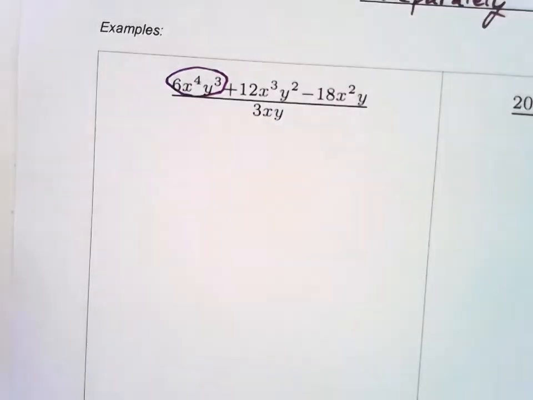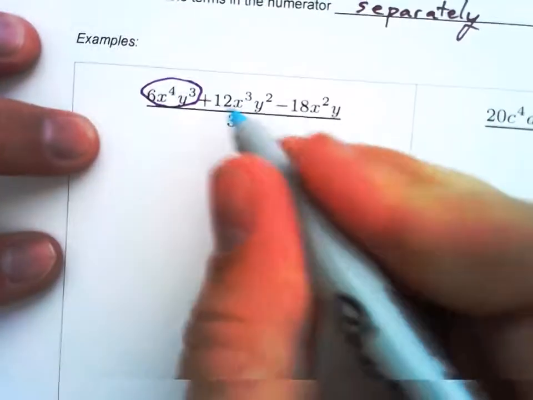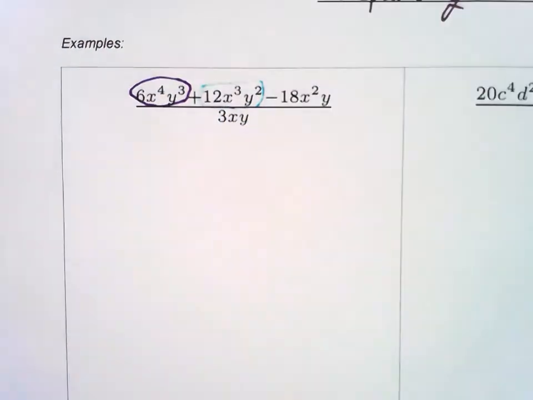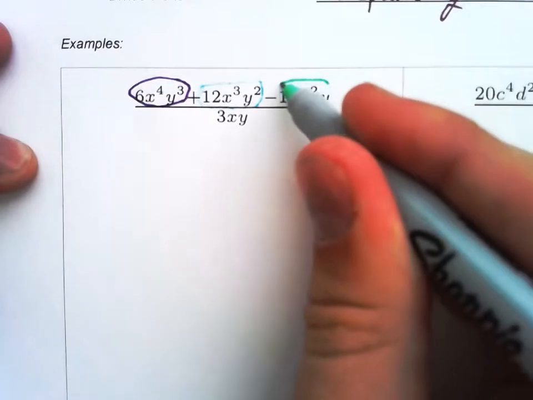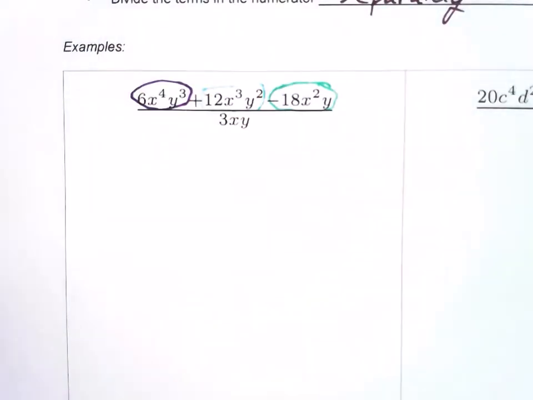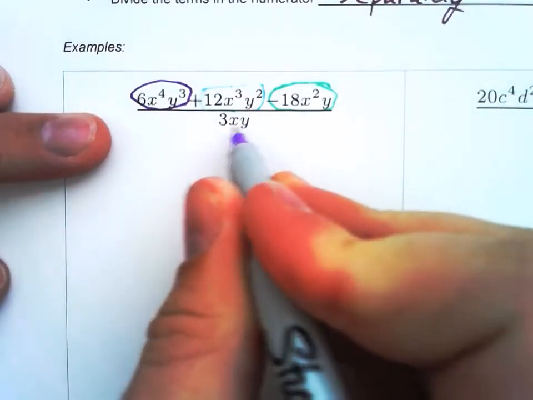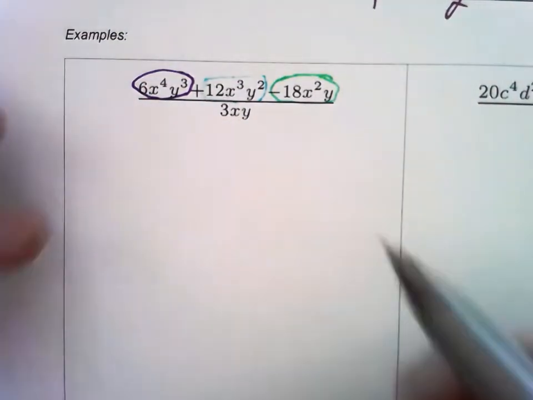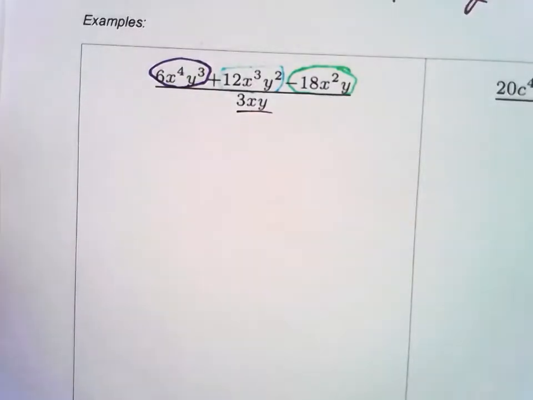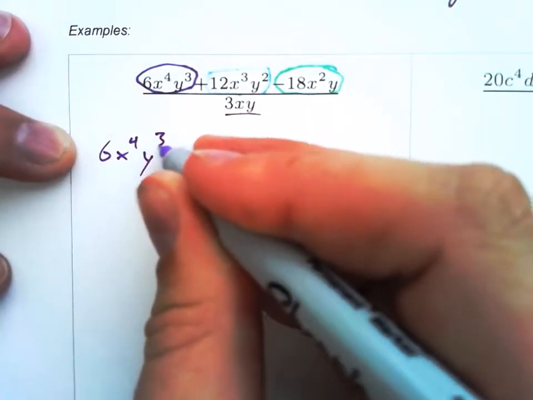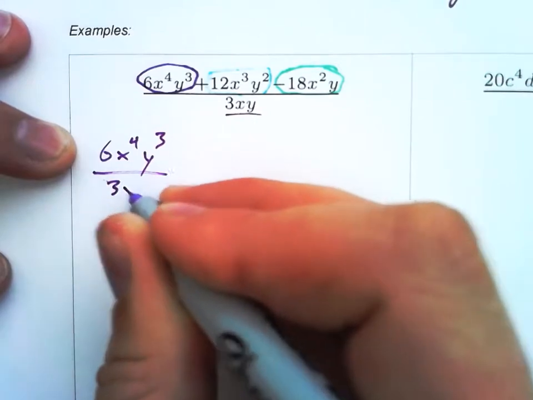First term, second term, and third term. Okay, so the first term, we'll divide it by the monomial. So 6x to the fourth y cubed over 3xy.